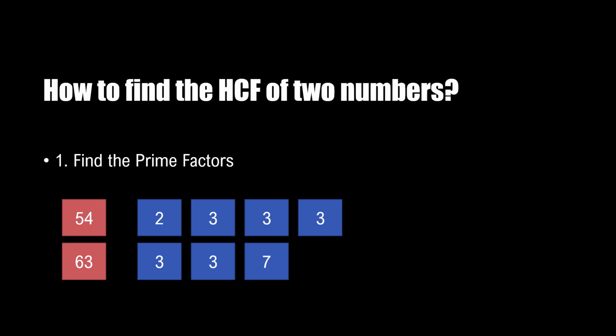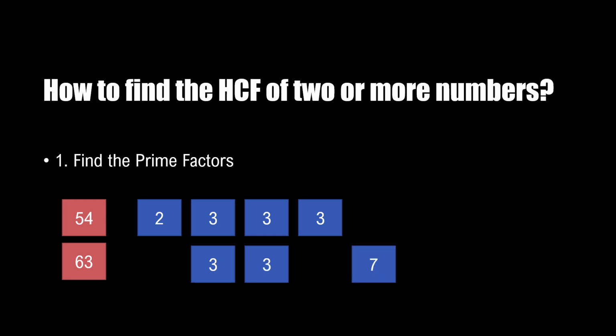So we have found the prime factors of 54 and 63. This is the first step. Next, we are going to move the prime factors, if we are writing them down, so that the matching numbers are lying one under the other. So this is an easy way to see which numbers are matching between the two and which numbers are not.